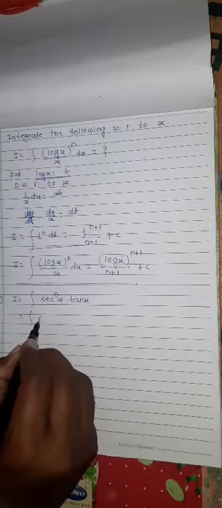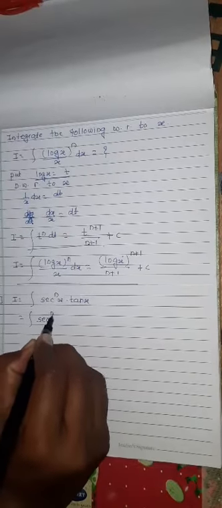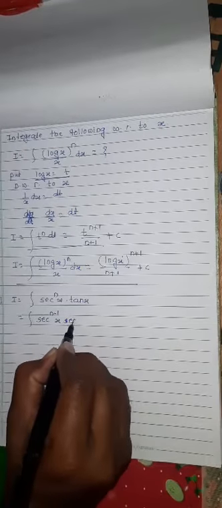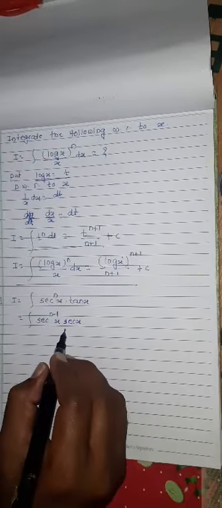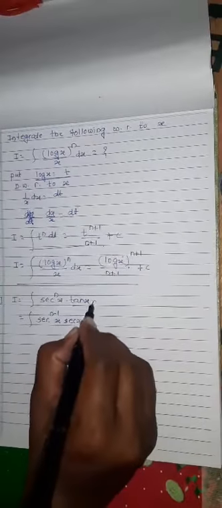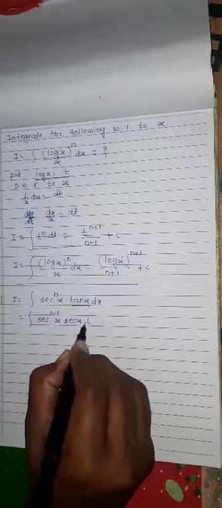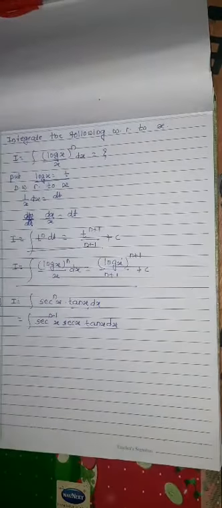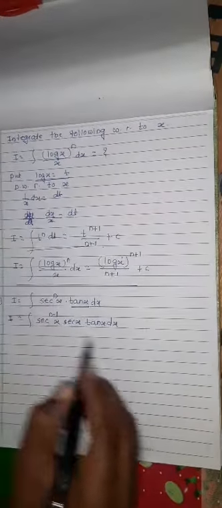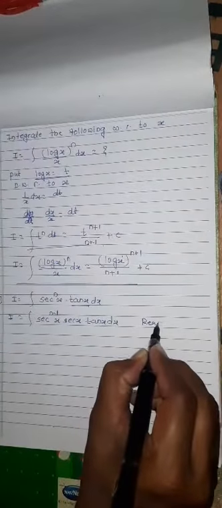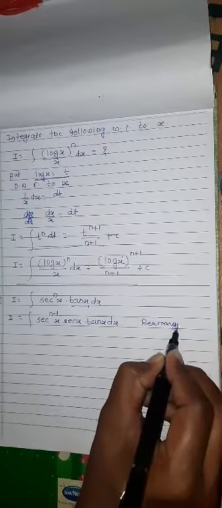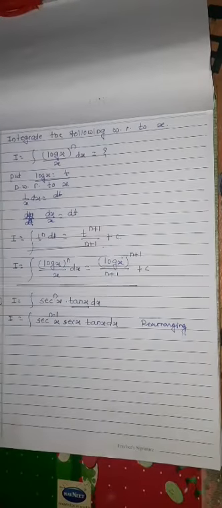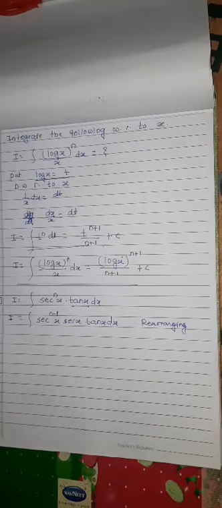Then this can be written as sec of n minus 1 x into sec of x into the remaining tan of x dx, isn't it? This is the rearranged term.